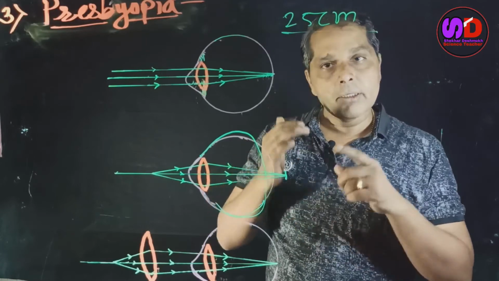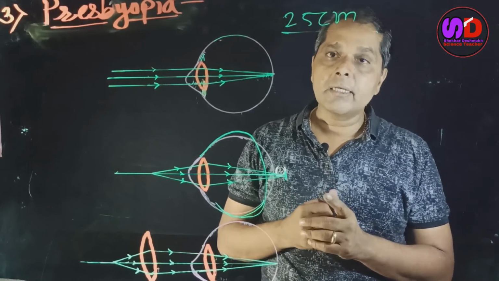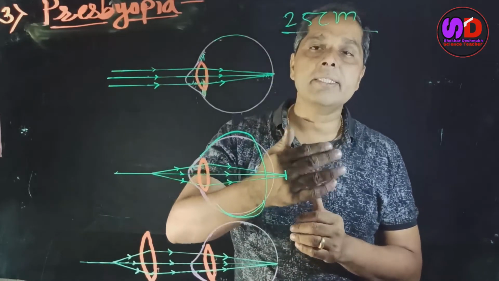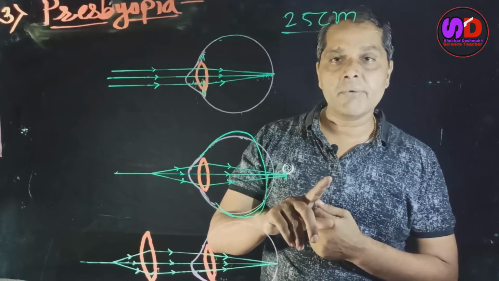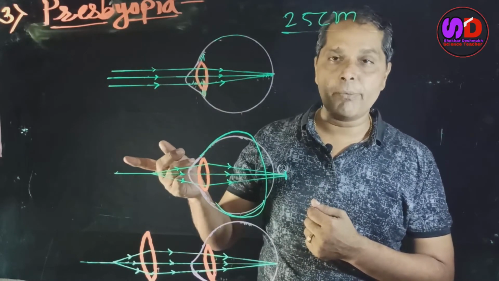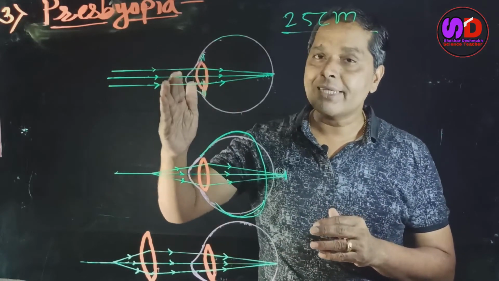So if such a question is asked, in this case his grandfather is unable to read the newspaper, that means definitely he is suffering from hypermetropia, but as the age factor is there, it is called presbyopia.